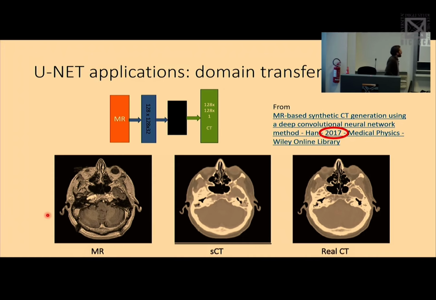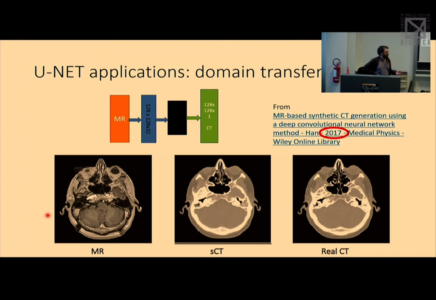Now, another application is domain transfer. Again, this is even something for which I guess there are approved medical devices. Now, suppose you have an MR scan. It's easy to have brain MR scans because they are acquired for a number of reasons.